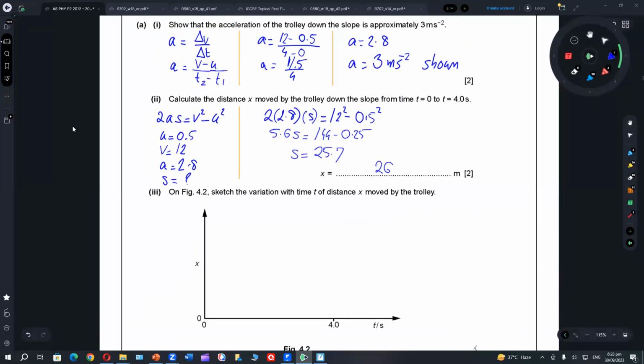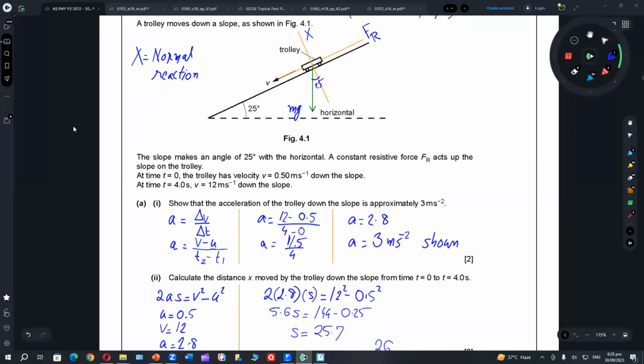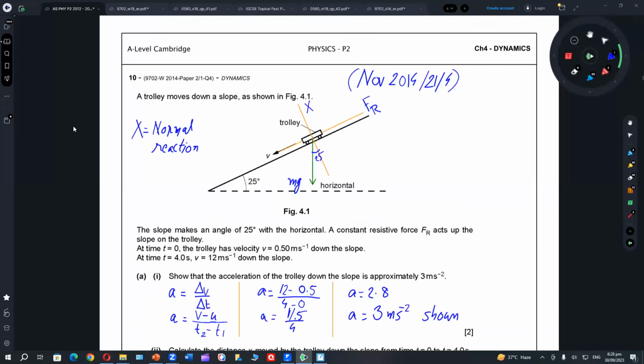The velocity will definitely be increasing because it's coming down. We found the acceleration also. Velocity is increasing, so the graph should be a straight line. And should it pass through the origin or not? That's the question.